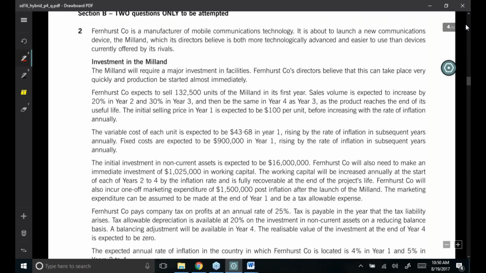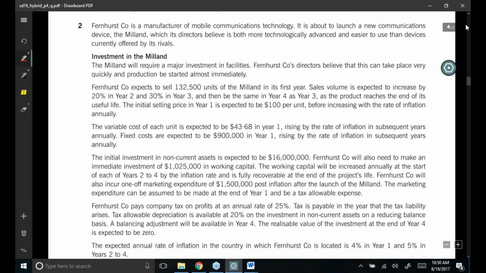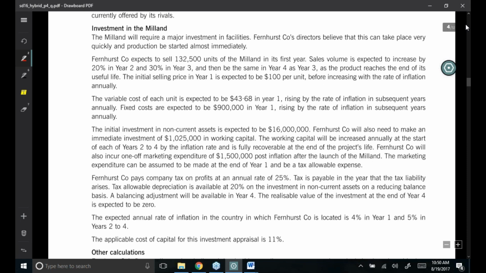This is a manufacturer of mobile communication technology. It is about to launch a new communication device, which a director believe is both more technologically advanced and easier to use. Okay, this company will require a major investment. Company expect to sell these units in the first year. Sales volume is expected to increase by 20% in year 2, 30% in year 3, and same in the year 4.